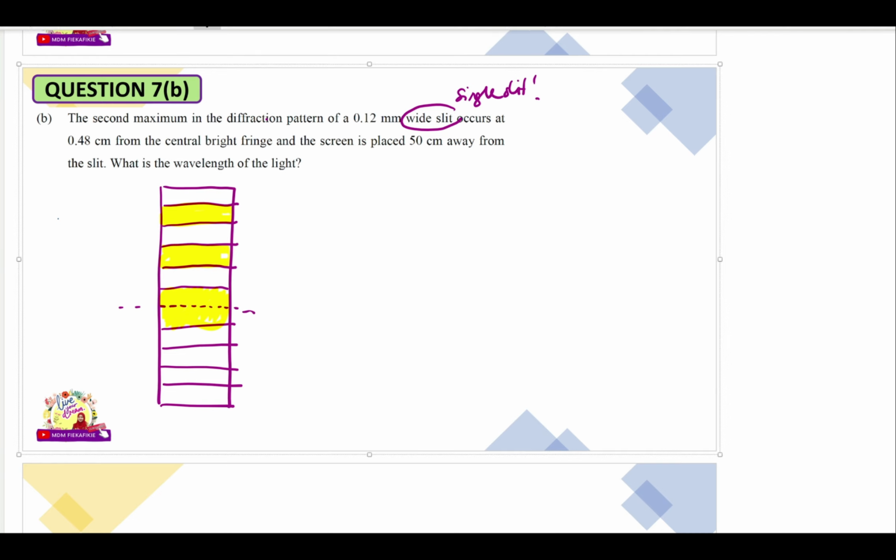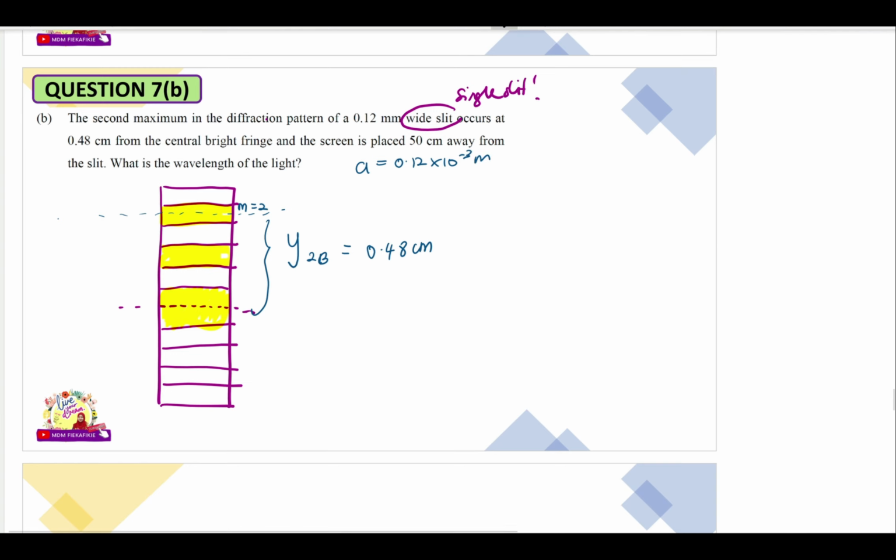Okay, so maknanya kalau saya ukur daripada sini ke sini, so where here m is equal to 2, y2 bright, second order bright, dia adalah 0.48 cm. Okay, and the slit a dia dah bagi 0.12 mm.